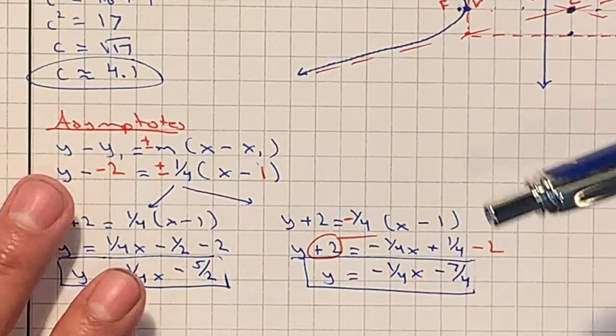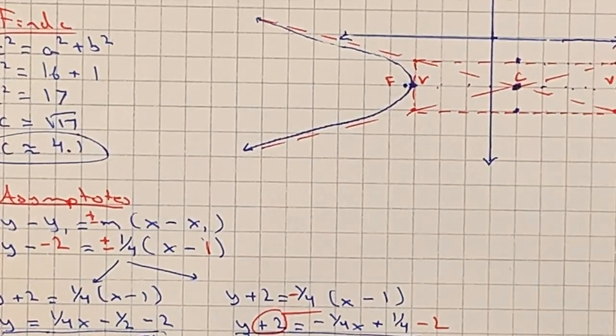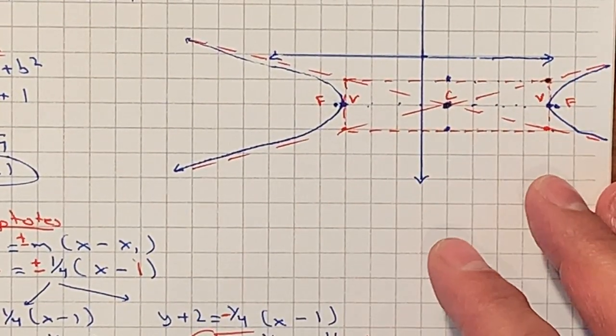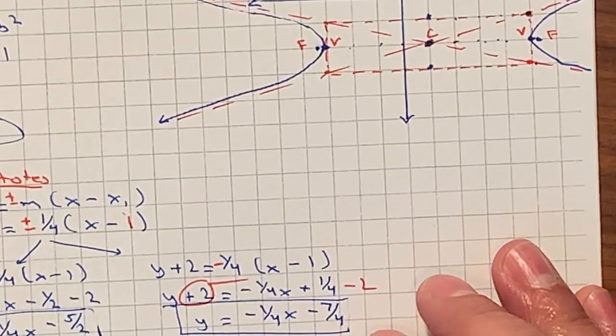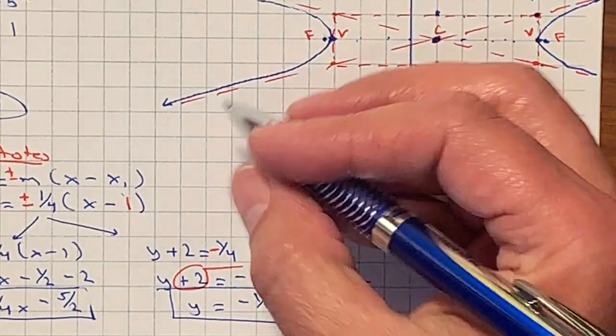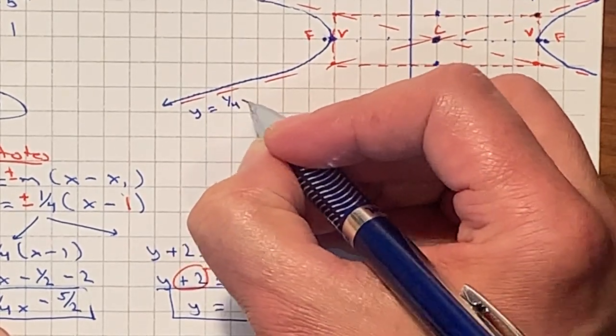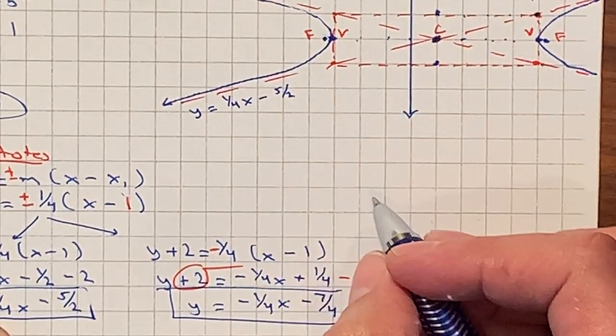Make sure that you place your slopes on your line. So therefore my positive slope, y equals 1/4 x minus 5/2.